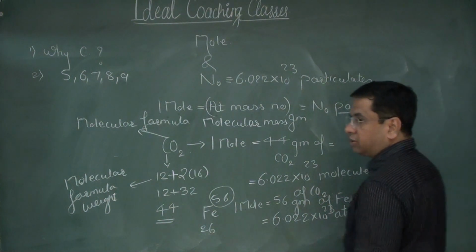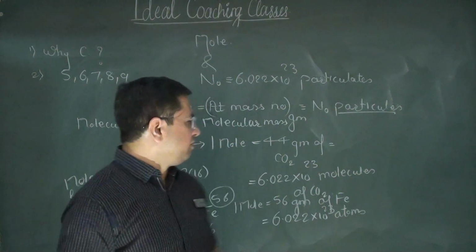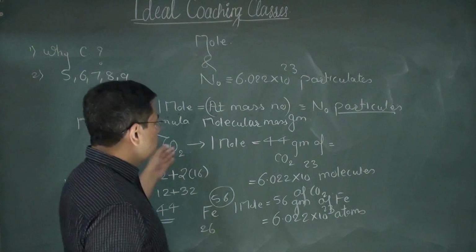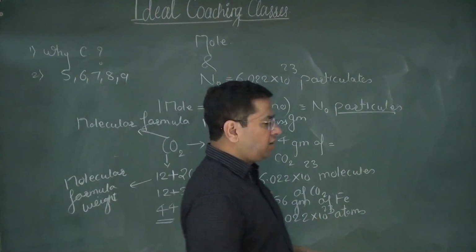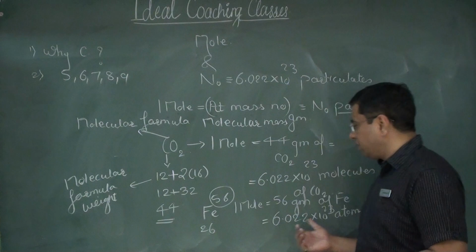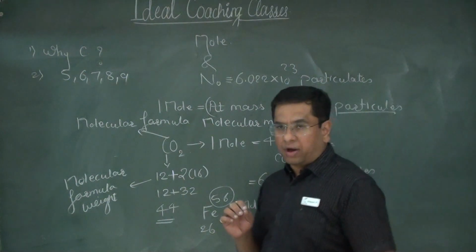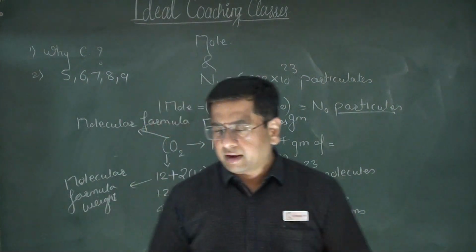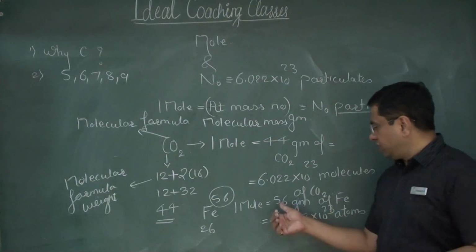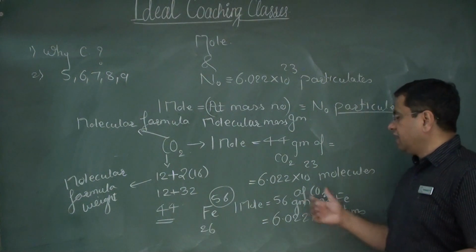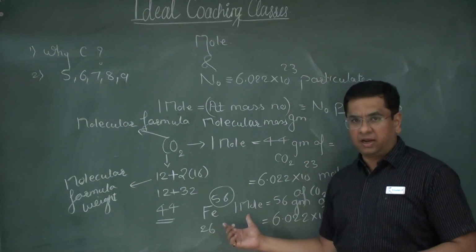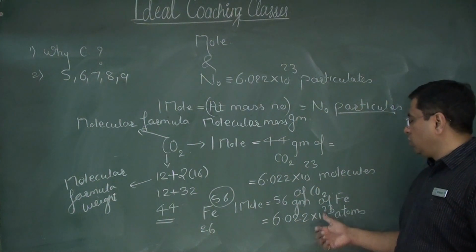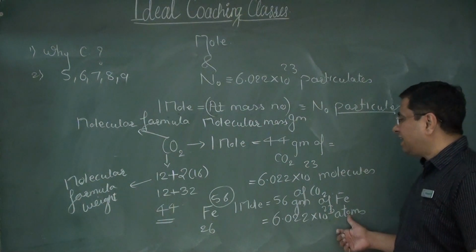Now I am using the word atoms because I am dealing with elements. Where I am dealing with compounds, I will be using the word molecules. Where I am dealing with elements, I will use the word atoms obviously. 1 mole of iron, whose atomic mass number is 56, I will write as 56 grams of iron is 1 mole. I hope it's very clear. And it contains 6.022 into 10 raised to 23 atoms of iron.